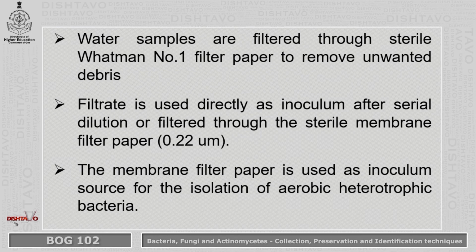Water samples are first filtered through sterile Whatman number 1 paper to remove unwanted debris, and then the filtrate is directly used as an inoculum, or the filtrate can be further filtered through 0.22 micrometer filter paper which will collect the bacterial cells on the surface of the filter paper, and such filter paper can again be used for inoculating the petri dishes.